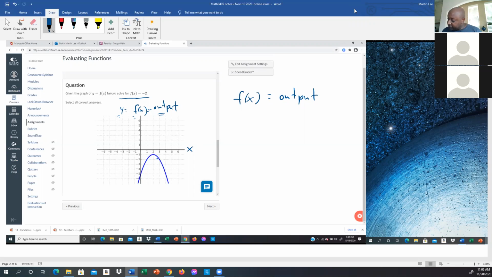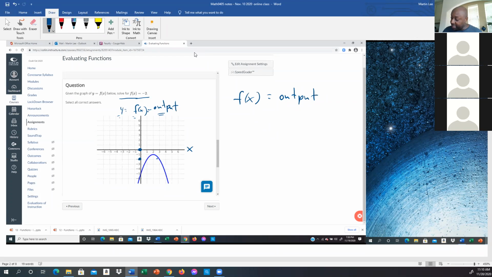So to find out what x values are connected with f of x equals -2, I start at the origin, and now I'm looking at where is -2 on my y-axis. Well, that's right here. So I've identified where -2 is.